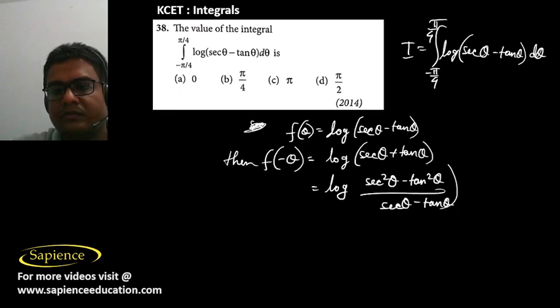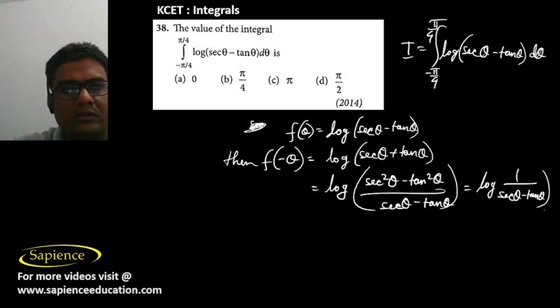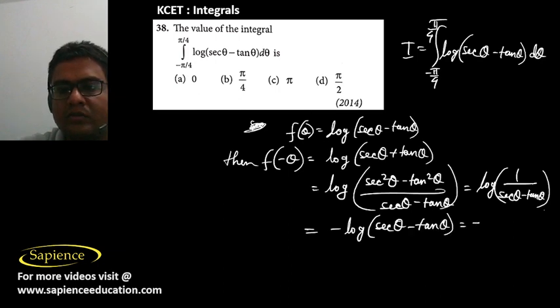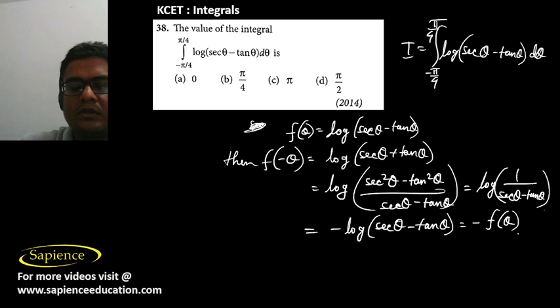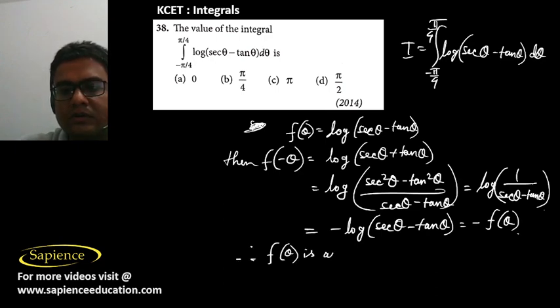This is equal to log of 1 by (sec theta minus tan theta), which will be minus log of (sec theta minus tan theta), equal to minus f of theta. So therefore the function f of theta is an odd function.